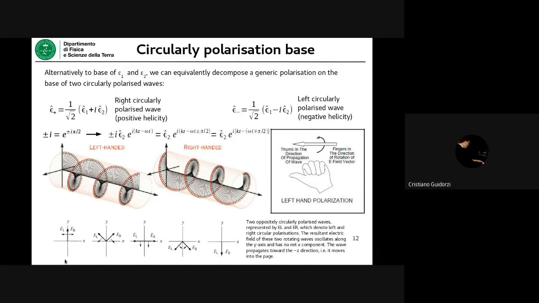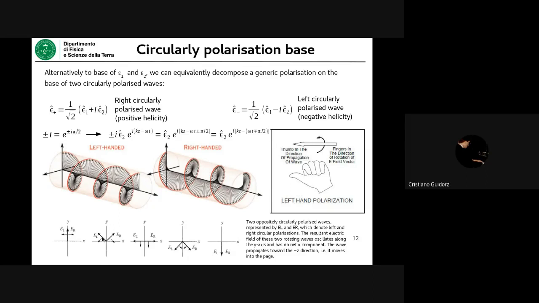So you can think of an electric field oscillating along the y-axis as the sum of two fields, one rotating clockwise and the other counterclockwise. Mind that this is the left polarized wave, this is the right polarized wave, and if you try to reproduce the direction of propagation with your own hands, you see that the wave is propagating inward, so into the page, not out of the page.